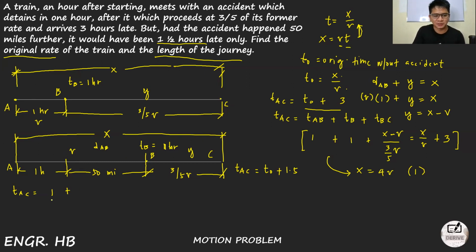So this is 1 hour for the time, and we all know the time is equal to X, or distance divided by velocity. So DAB here will become DAB over V. So ang DAB natin is 50.